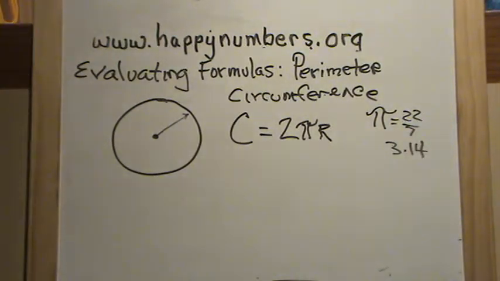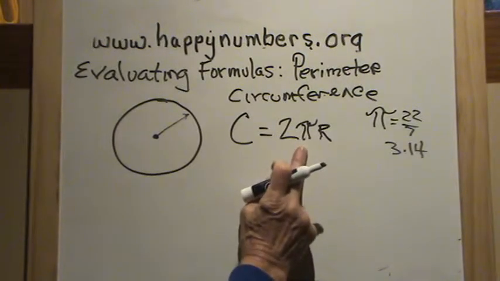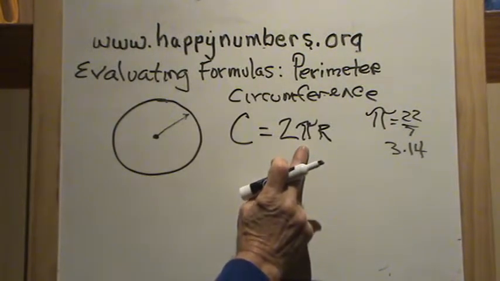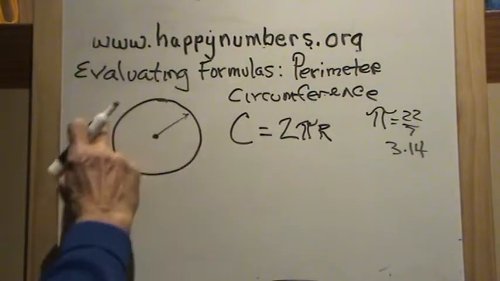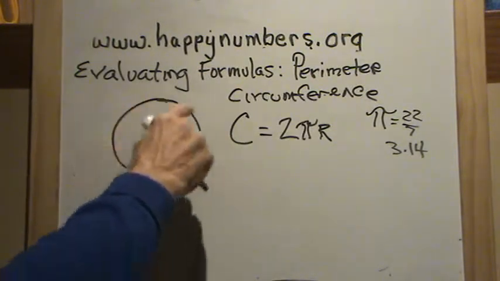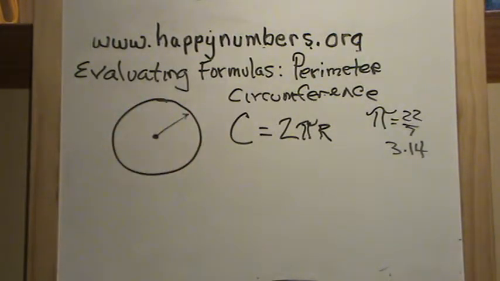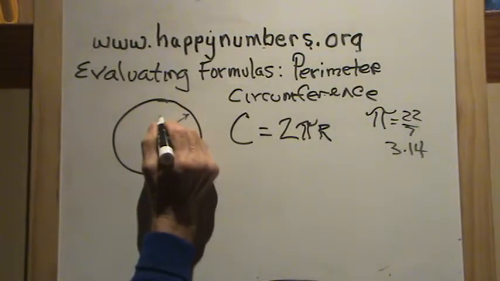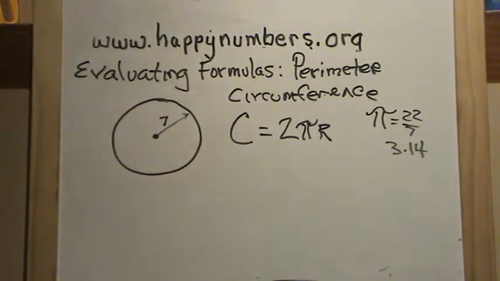Now that's a mathematical constant that the Greeks figured out way back in antiquity. But pi appears in all formulas for circles, whether they're area of a circle or circumference. But here we're dealing with the circumference of a circle. Now, the radius in this circle is 7.